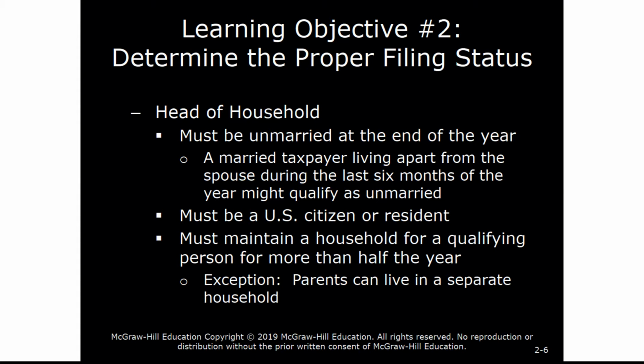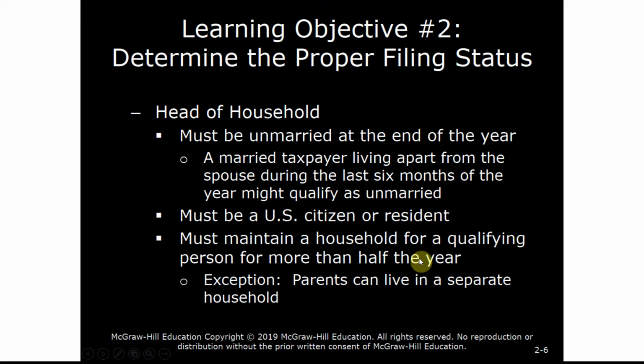Another tax filing status is head of household, and this too, of course, is determined at the end of the year. If a married taxpayer is living apart from the spouse during the last 6 months of the year, then they might qualify as unmarried.